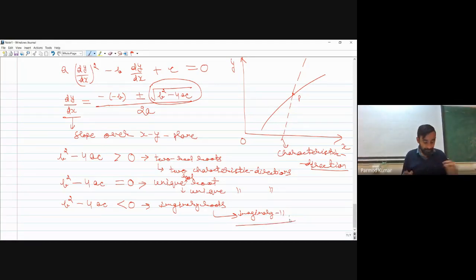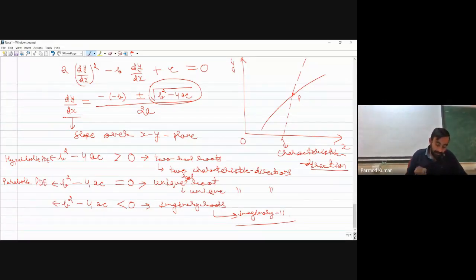Now, when we have two real roots, with b square minus 4ac greater than 0, we call that partial differential equation a hyperbolic PDE, a hyperbolic partial differential equation. If b square minus 4ac is equal to 0, we call it a parabolic partial differential equation.